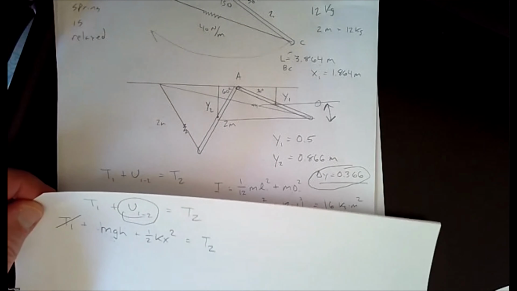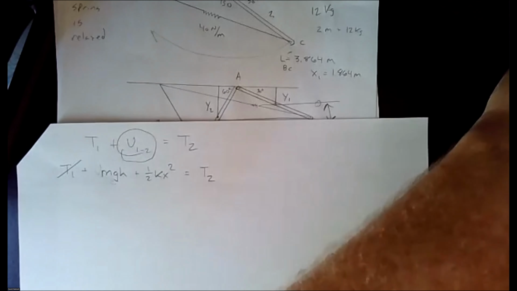So now we have, I think, what we need in terms of our values. Let's go ahead and write out what we're going to finish up with. If you don't like the U1 to 2, you can also write it like this, and there's no difference to it.